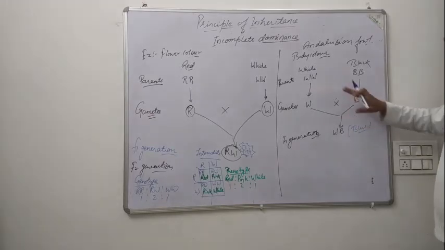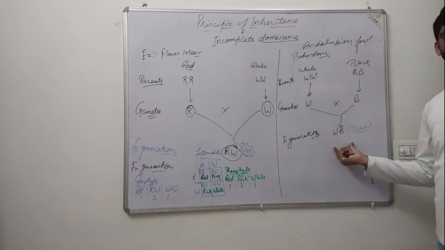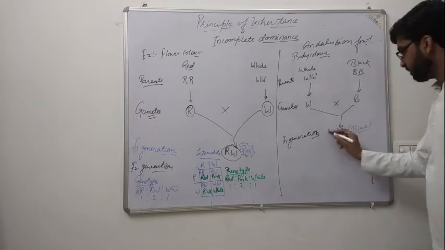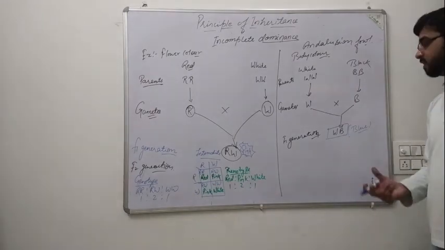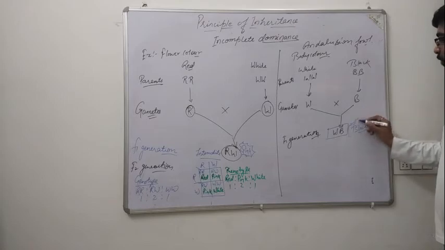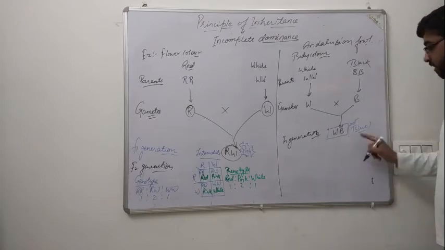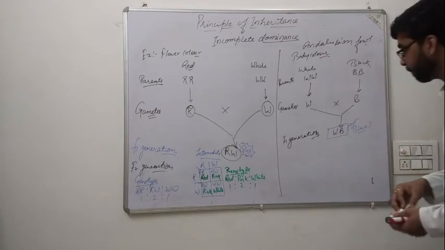They never knew that interbreeding of black and white Andalusian fowl produces a blue color. In agriculture, they keep only blue color fowls because they fetch a large price in marketing.